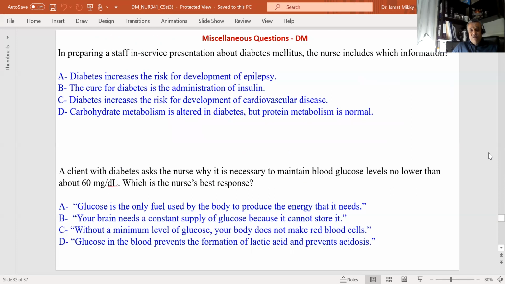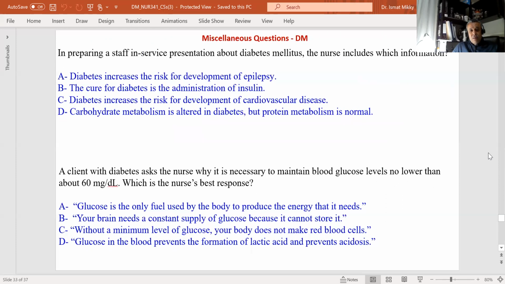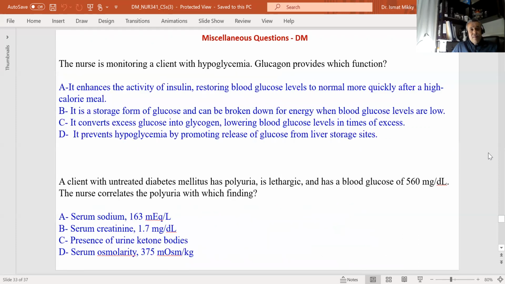Diabetes increases the risk for development of cardiovascular disease. Next question, the answer is B. Your brain needs a constant supply of glucose because it cannot store it.